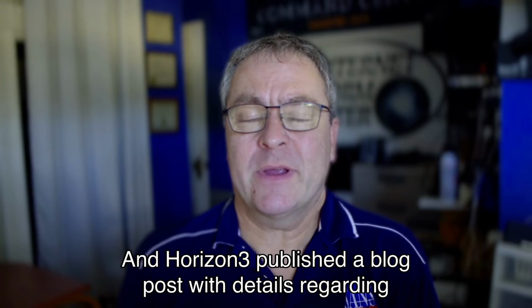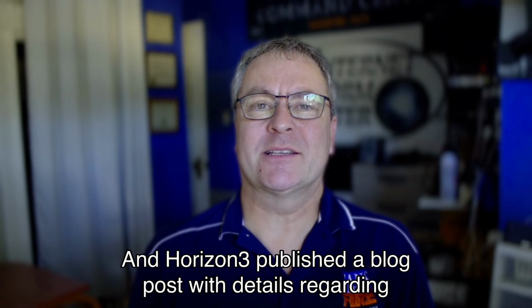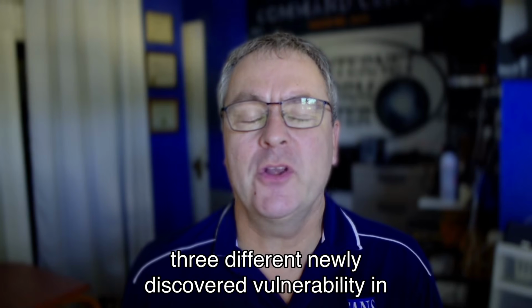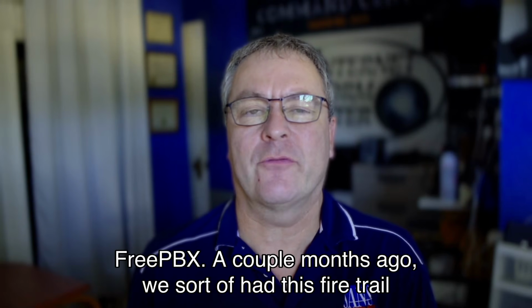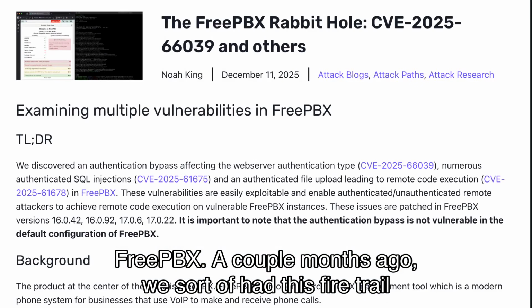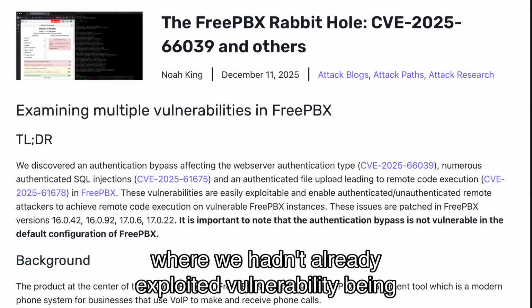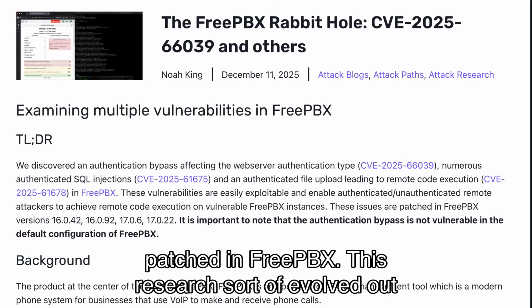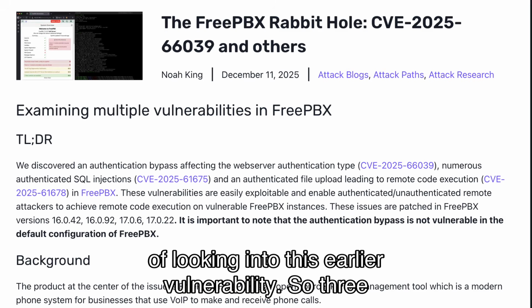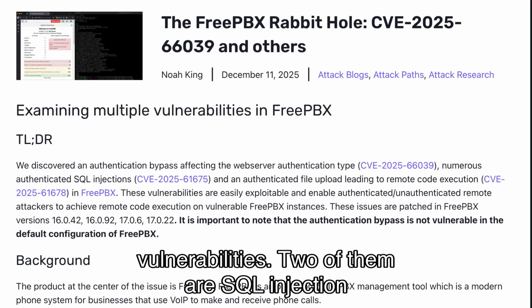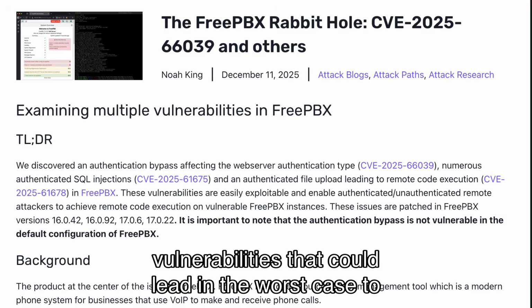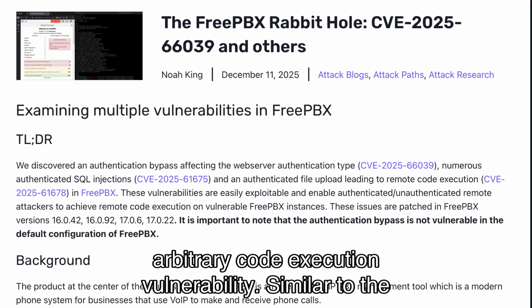And Horizon3 published a blog post with details regarding three different newly discovered vulnerabilities in FreePBX. A couple months ago, we had this fire drill where we had an already exploited vulnerability being patched in FreePBX. This research evolved out of looking into this earlier vulnerability. So three vulnerabilities, two of them are SQL injection vulnerabilities that could lead, in the worst case, to arbitrary code execution.